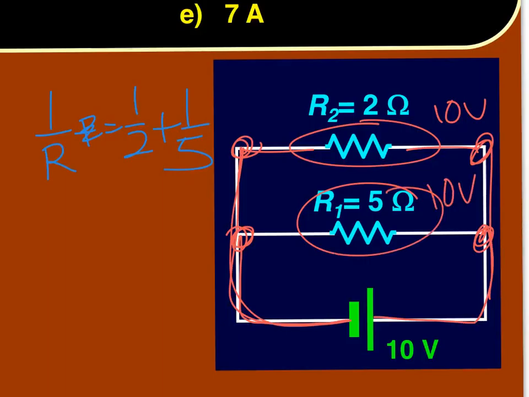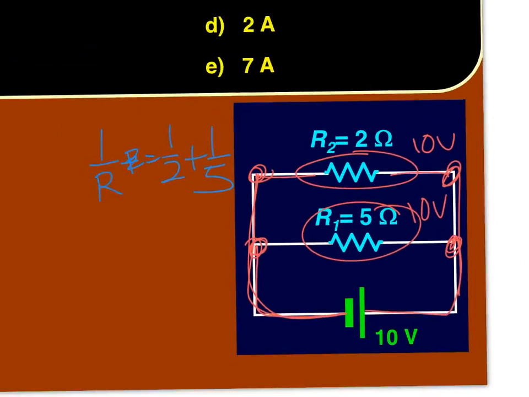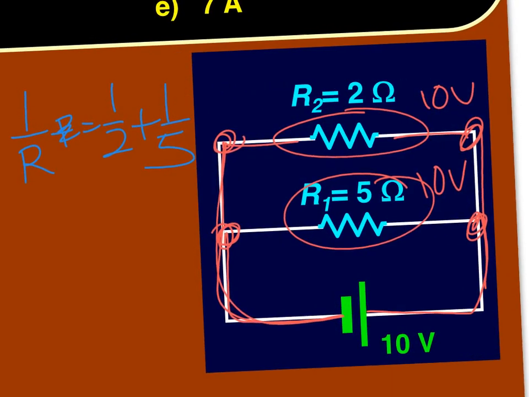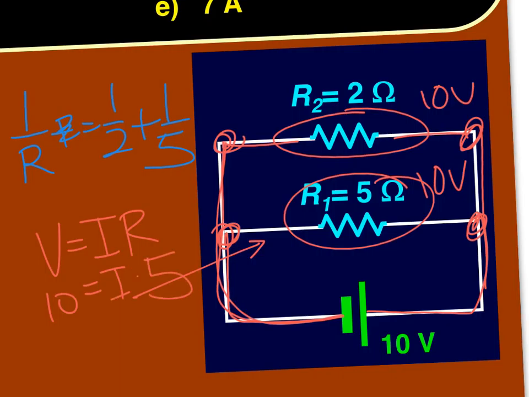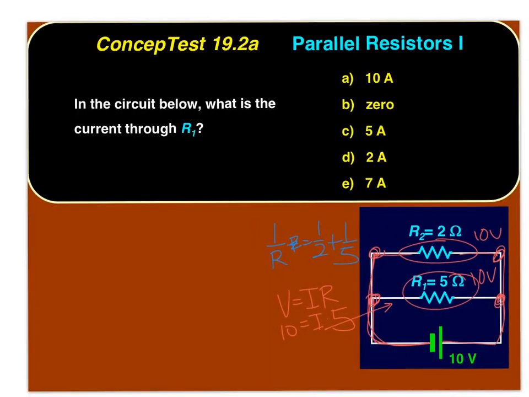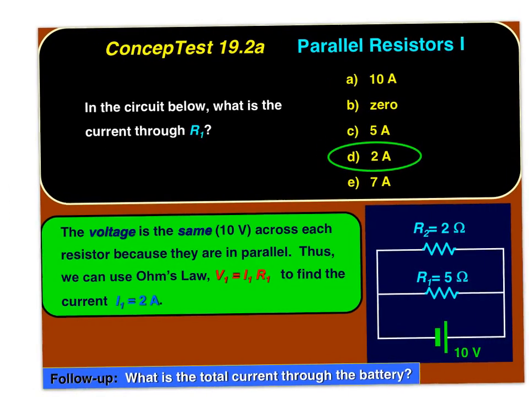So if we just want to know the current through the 5 ohm resistor, I think that's what they were asking. So we could be using Ohm's law, V equals IR, where the voltage across that resistor is 10, the current is I, and the resistance is 5. So, hopefully dividing, we get 2 amps. Let's see what they say. Aha, bueno.